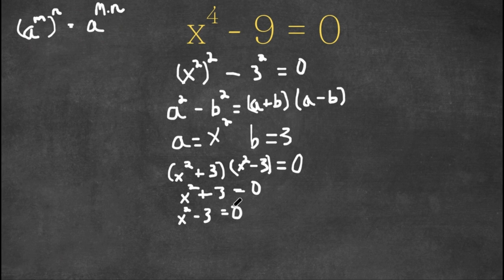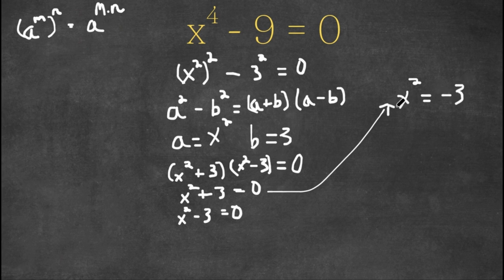For x squared plus 3 equals 0, we subtract 3 on both sides, so we get x squared is equal to negative 3.